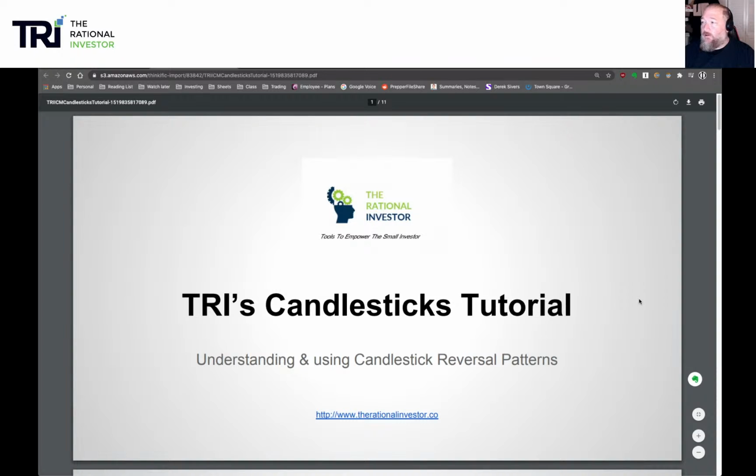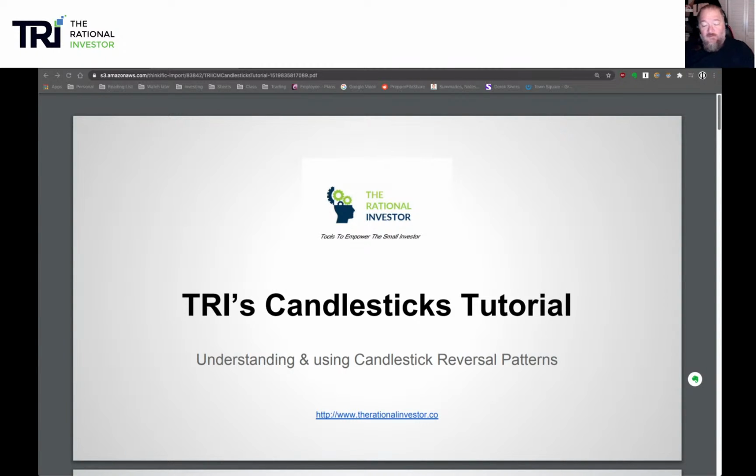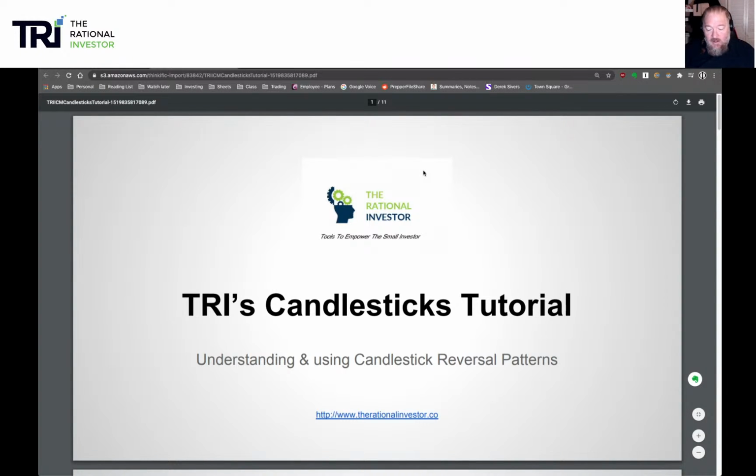All right. Welcome to week 7 of the Rational Investor School for Trader Development. This week we are talking about candlesticks. So, where this fits into the whole scheme of things is most setups typically have 3 components. Certainly the setups that I'm going to be teaching you have 3 technical components, right?